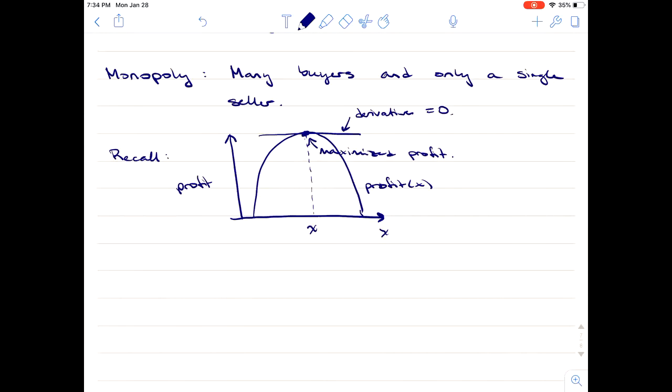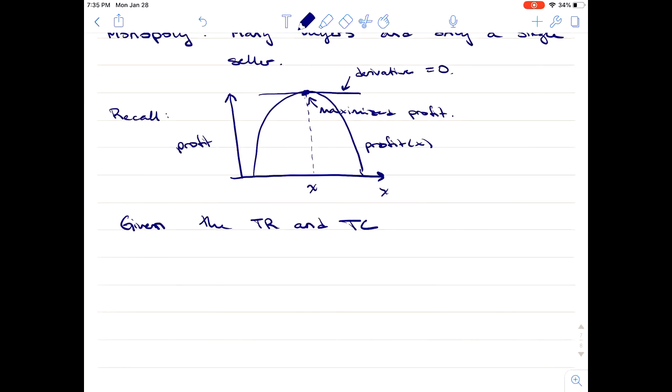So given the total revenue and total cost for a monopoly, we can set up the profit function. In fact, for any situation, right, we'll just use it usually for monopoly. So given the total revenue and total cost, we can set up the profit function.